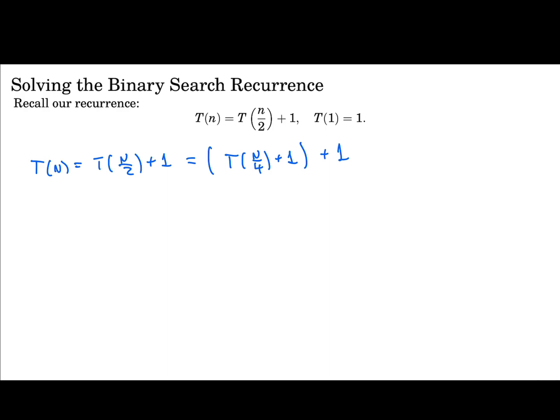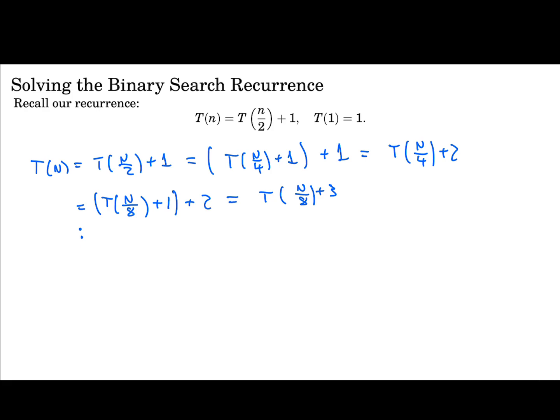Let's write this one completely out: this is just t of n over 4 plus 2. Now you can replace this t of n over 4, and this gives you t of n over 8 plus 1 plus 2, so you get t of n over 8 plus 3.